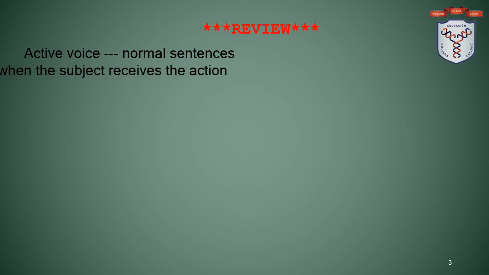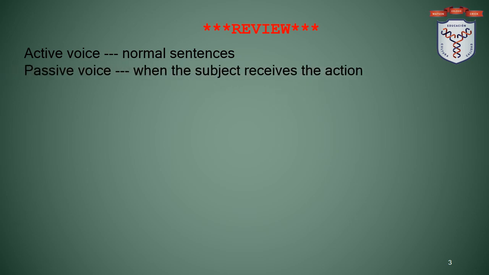We are going to talk about the active voice. Active voice is the normal sentence. And the passive voice. Passive voice is when we want to give more importance to the subject of the sentence, when the subject receives the action.